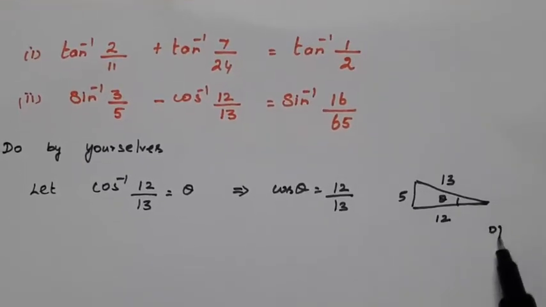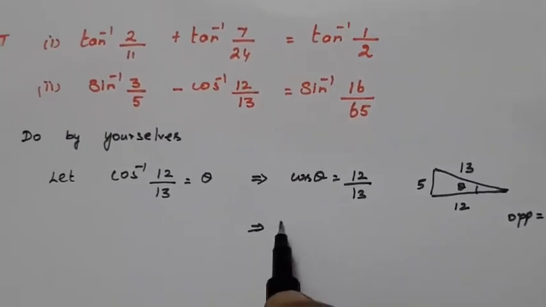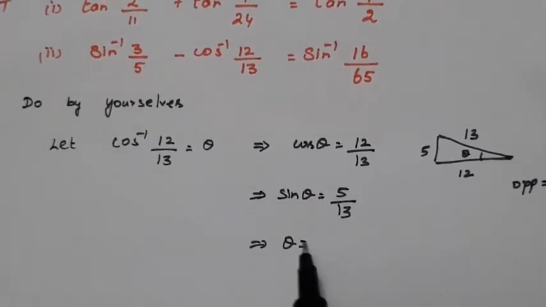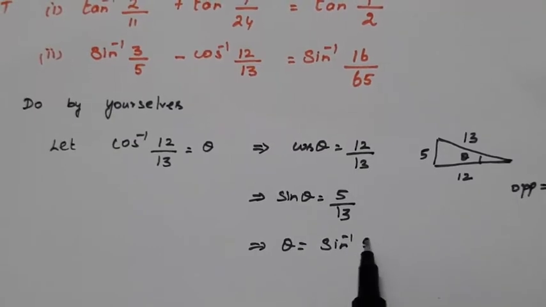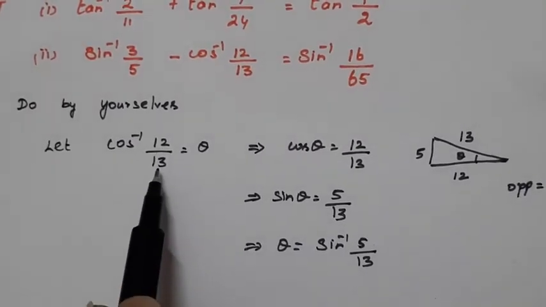Okay, so what would be the opposite side? Opposite side is equal to 5. Therefore this implies sin theta is equal to 5 by 13, and hence theta is equal to sin inverse of 5 by 13. So what is theta? Theta is nothing but cos inverse of 12 by 13.